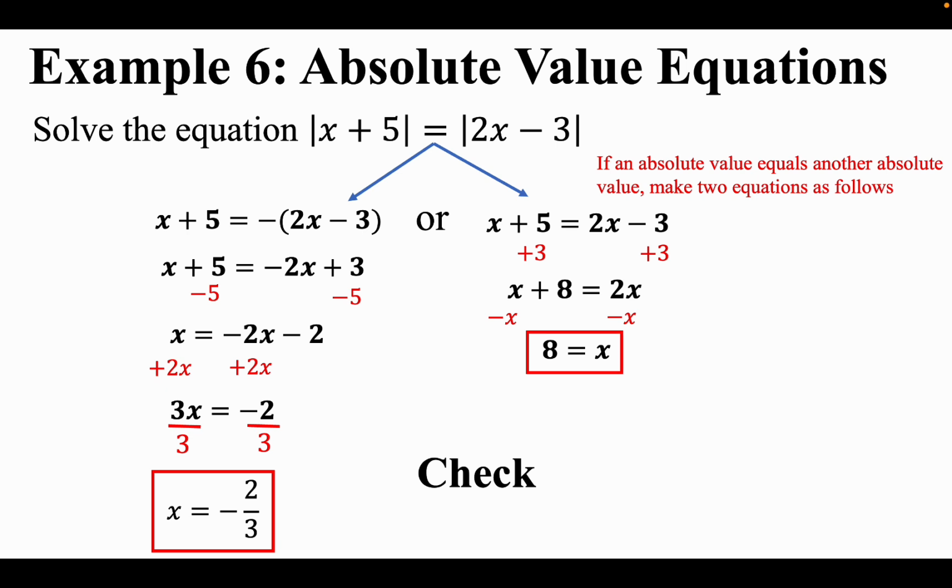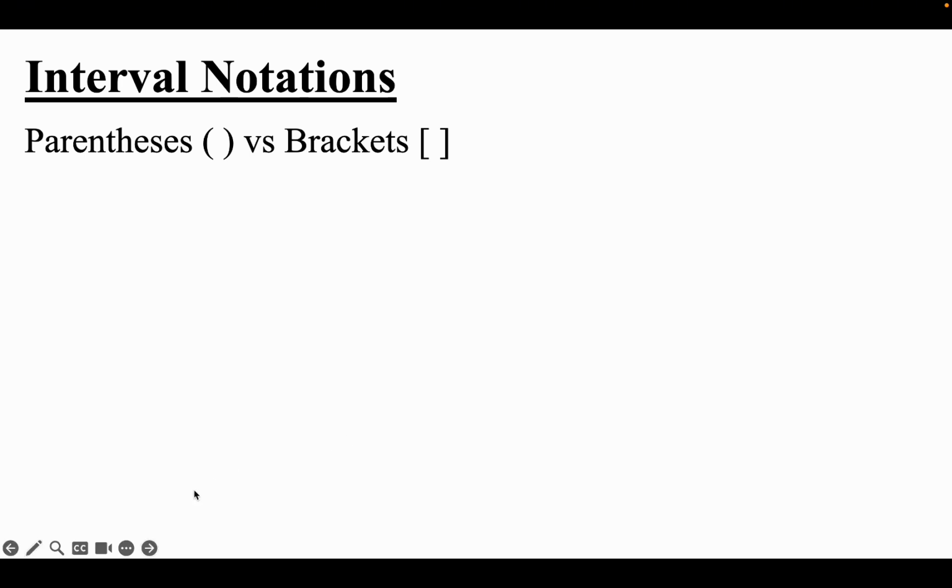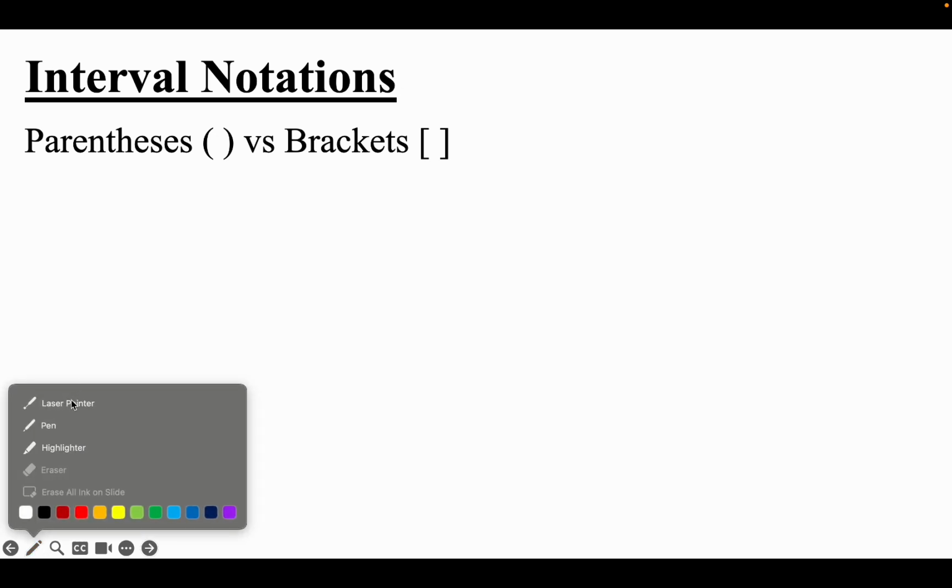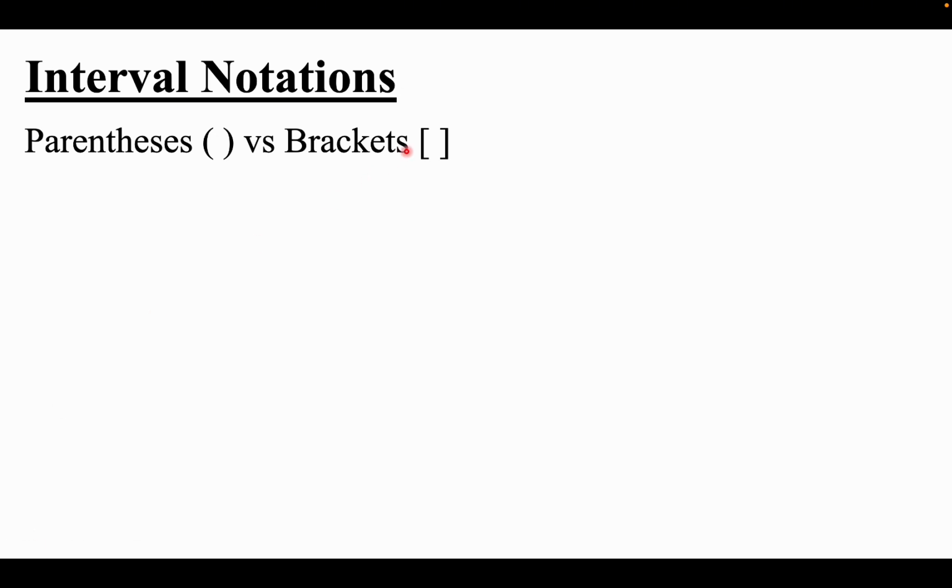The next one we want to look at is interval notation, which is used to write solutions when you're dealing with inequalities. So we're going to look at the difference between parentheses and brackets. Brackets are used when the endpoint of those numbers is part of the solution, where parentheses says that the endpoints are not part of the solution.